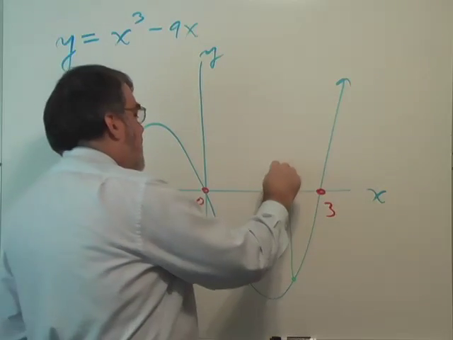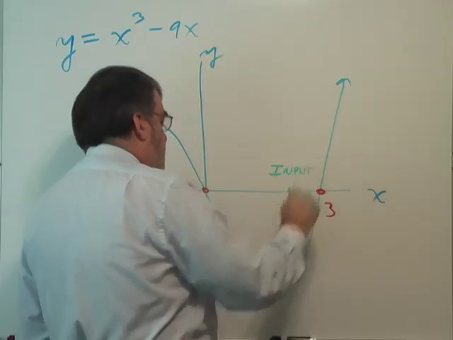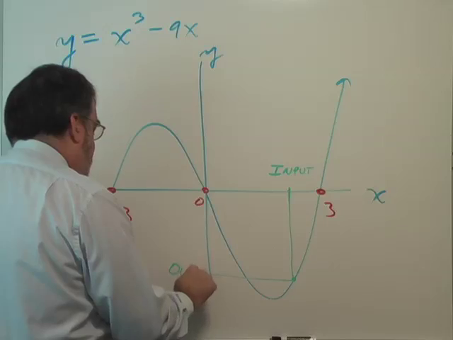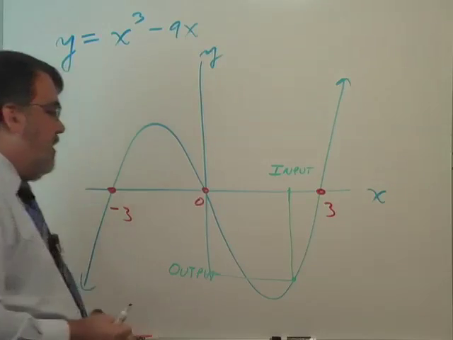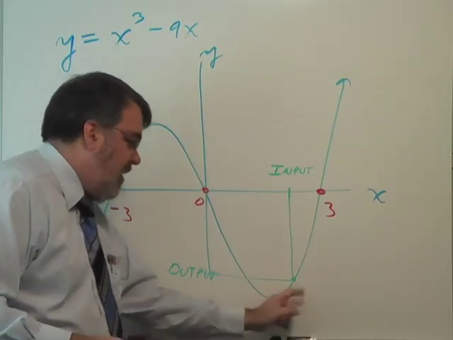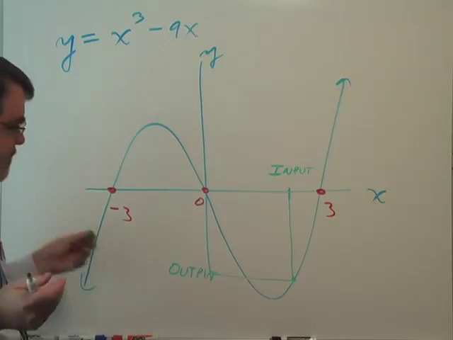So here's the input value, and coming across, this would be the output value. So the x, the horizontal, is the input, and the vertical is the output.